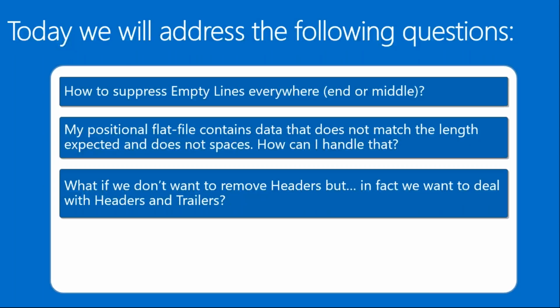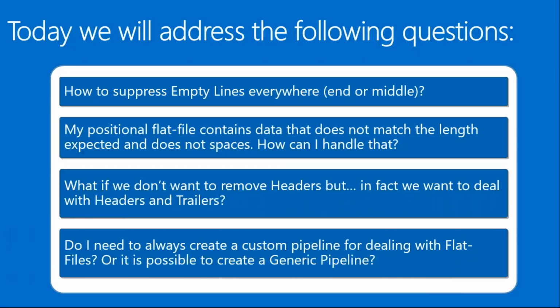I will try to show you the default settings or features that BizTalk has to deal with headers and trailers. And do I need to create a custom pipeline every time? Because every time we create a flat file schema, we tend to create a custom pipeline to deal with that flat file.